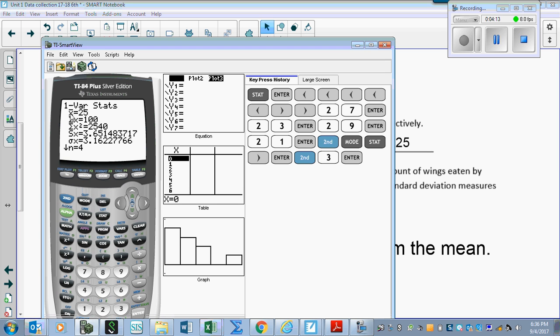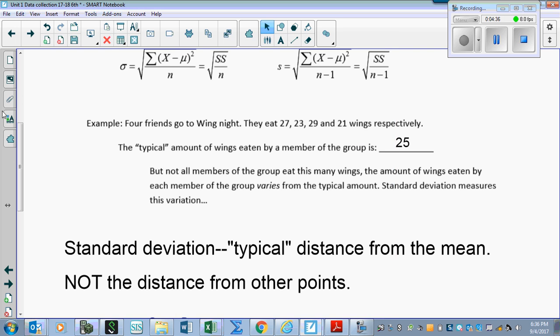The first thing it calculates is x bar, the sample average, 25. This is the capital sigma of x, the sum of all the x's. They ate a total of 100 wings, so the average number of wings was 25 and the total eaten was 100. This is the sum of x squared, which is a component of the formula for variance.